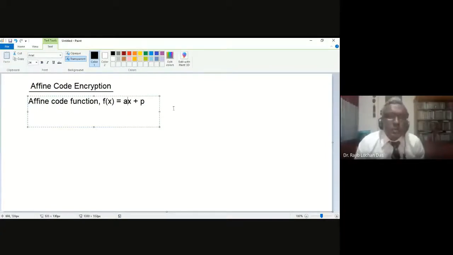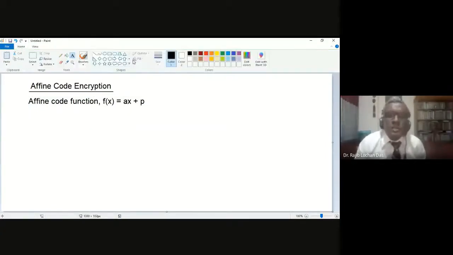That means there will be a number with x. That is the difference. And another condition is also important. This a is always an odd number. I mean, it is not 4, not 6.